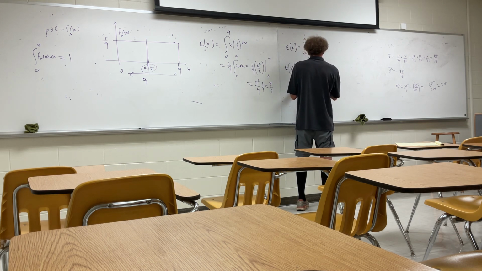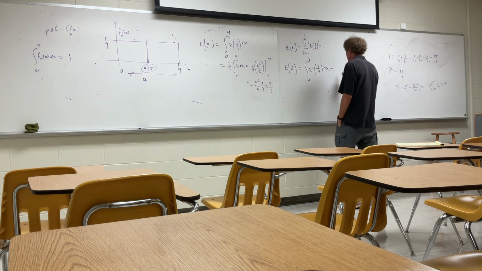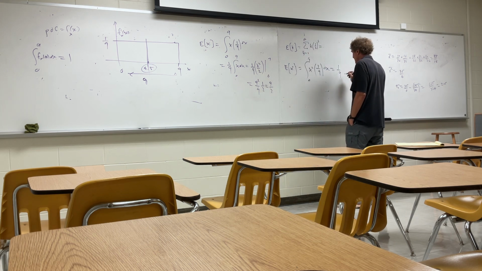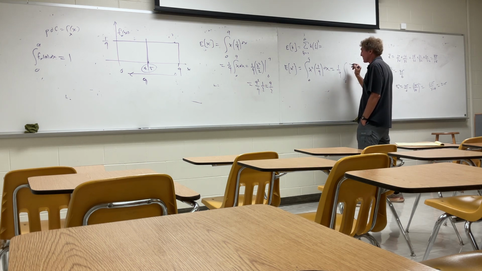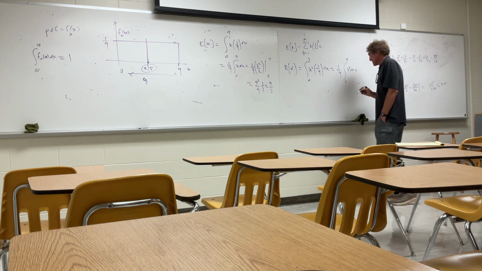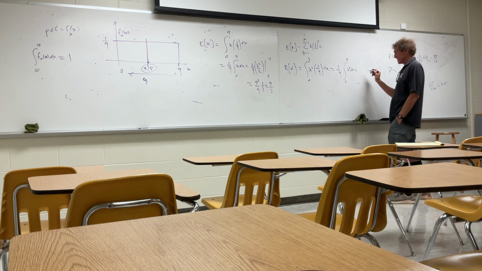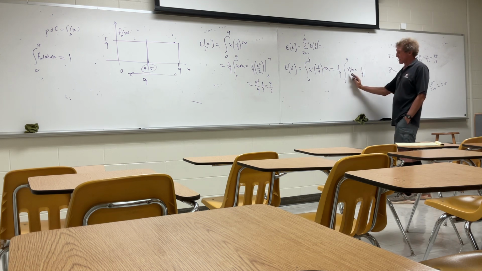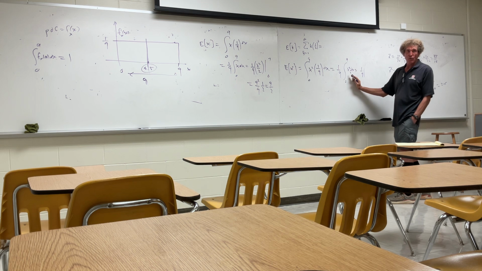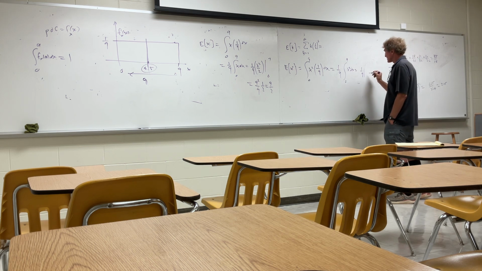All right? So it's x squared dx times 1/9. What's that going to be? 1/9, and then I have an integral from 0 to 9 of x squared dx. Or what do I get? 1/9, and then I'm going to have x cubed over 3, evaluated from 0 to 9, or 9 cubed over 3.